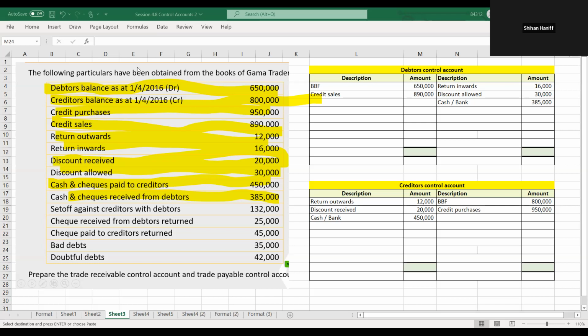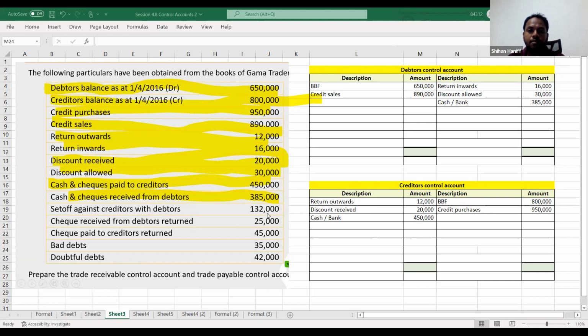Right, there is another important transaction which says set off against creditor with debtor. So when we set off a debtor with a creditor, debtor balance also reduces, creditor balance also reduces.